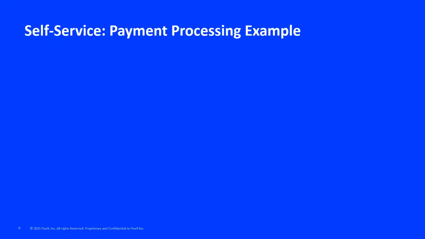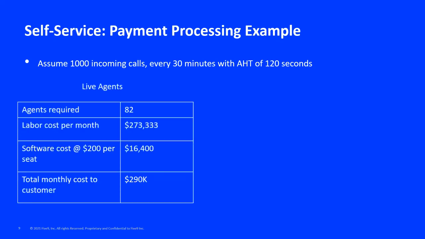And then I just wanted to run through an example of a high-level comparison of using live agents for all calls to the contact center versus leveraging virtual agents. In this example, we're assuming 1,000 incoming calls every 30 minutes and an average hold time of 120 seconds.